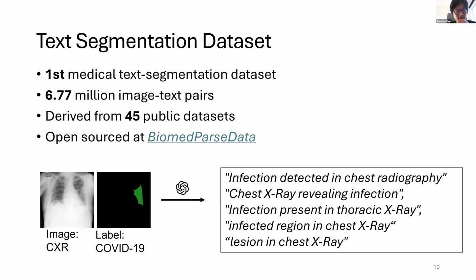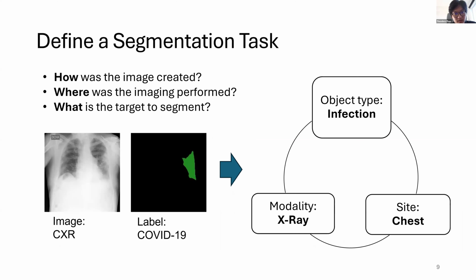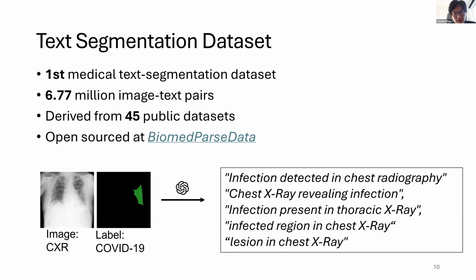The creation of the text is to prompt the LLM with a triplet definition: what's the object type, what's the modality of the image, and what's the site of the image. The LLM will be asked to generate a variety of different prompts for every single task.